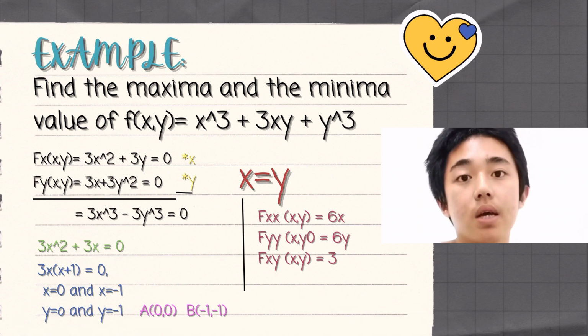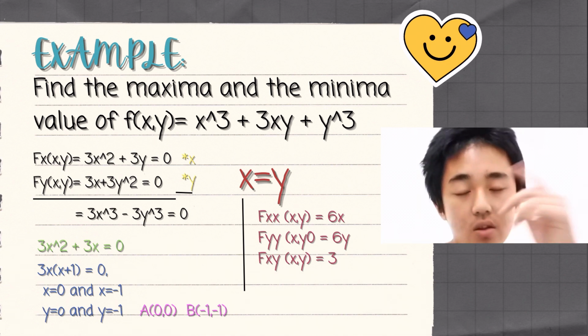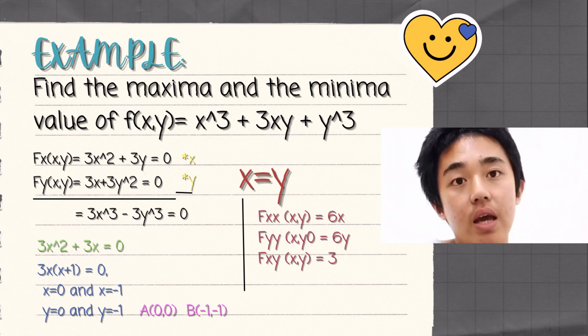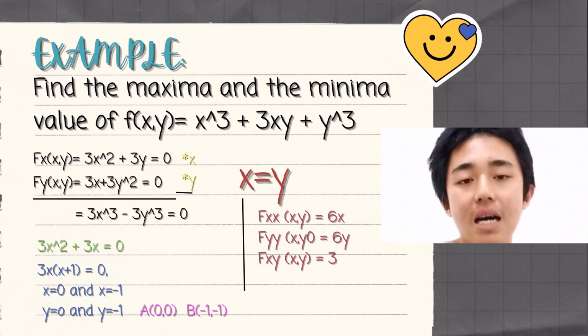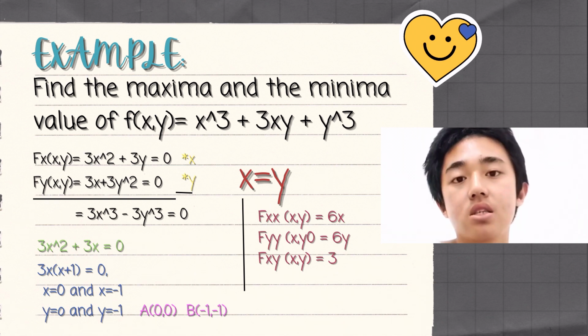So now remember, because x equals y, we can pick one of the f_x, f_y. So I'm going to pick f_x, that is 3x squared plus 3y. But because x equals y, that means y equals x. So we are going to change the y into x.